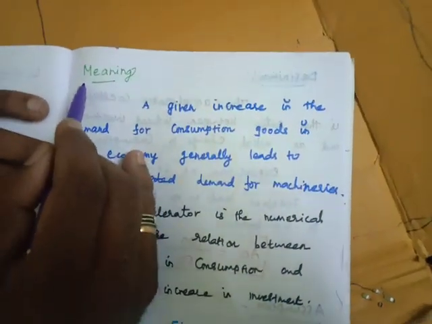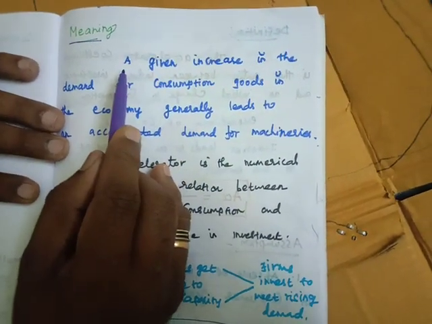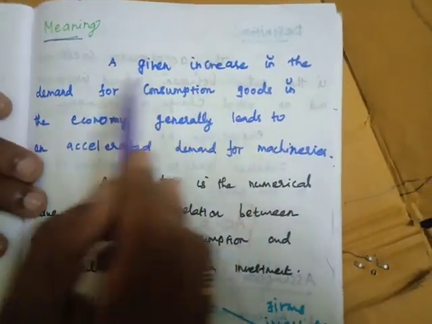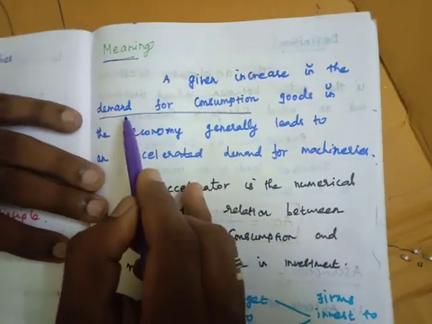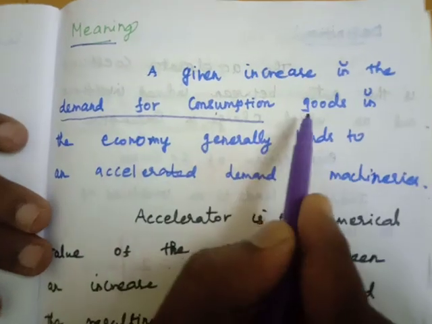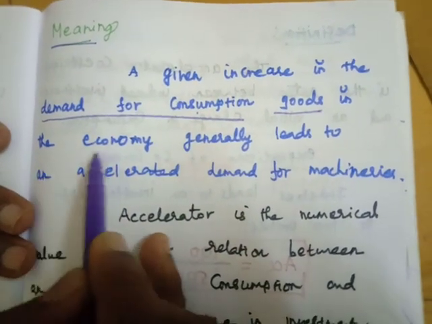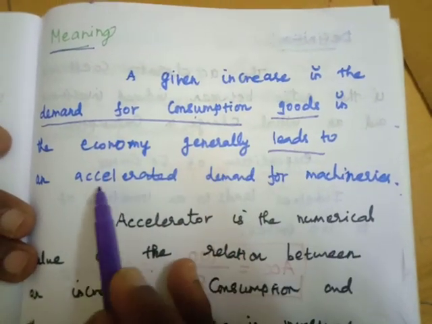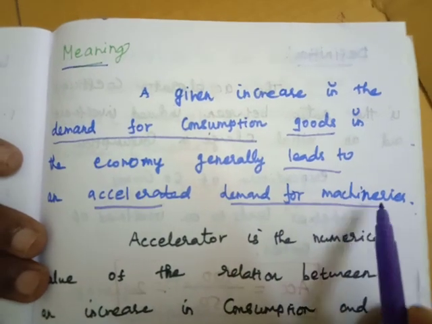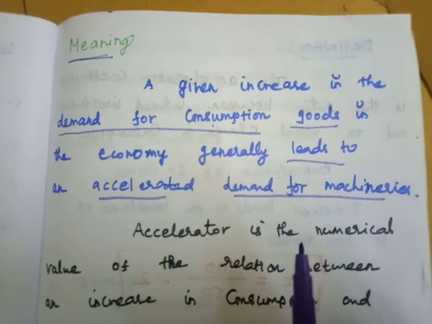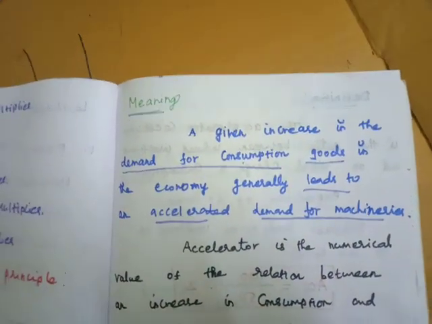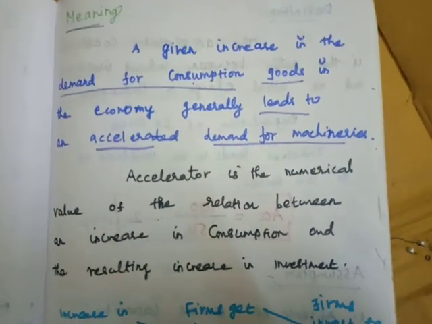And what is the meaning of accelerator? A given increase in the demand for consumption goods in the economy generally leads to accelerated demand for machinery. So when we increase the consumption, on the other hand, the usage of machinery is also increasing.